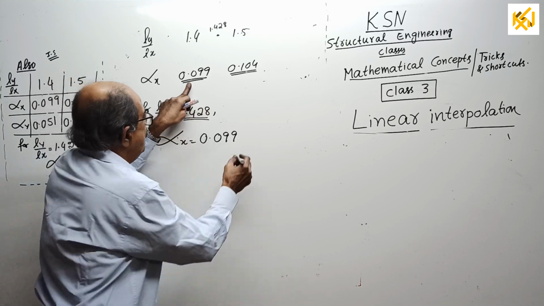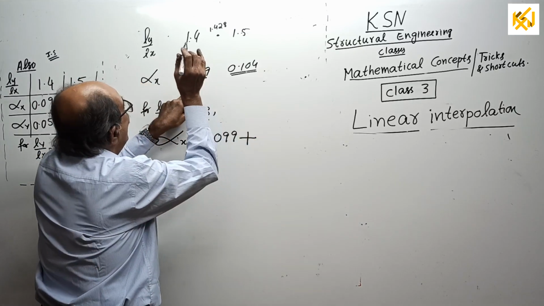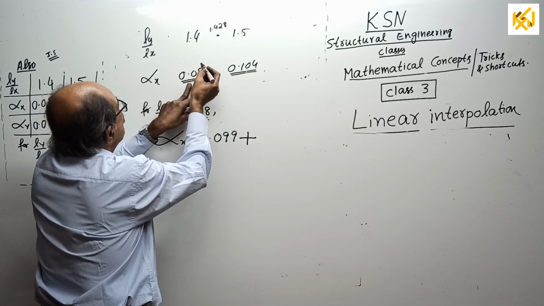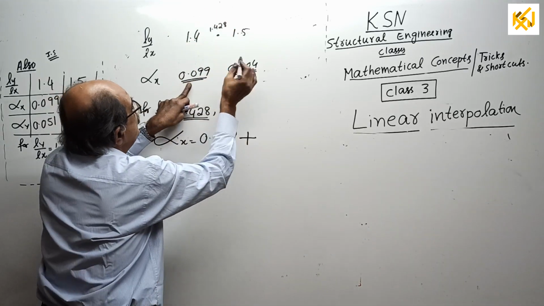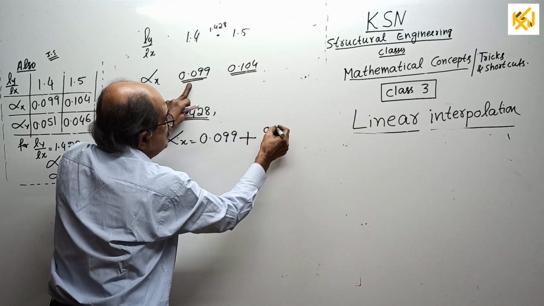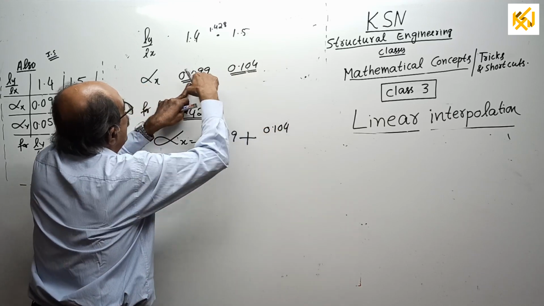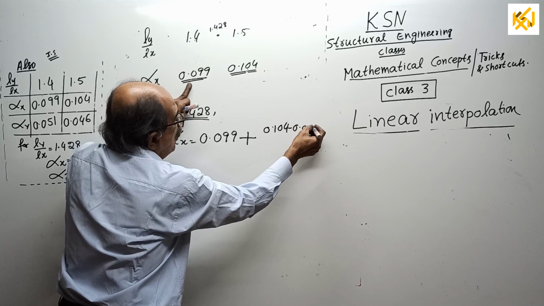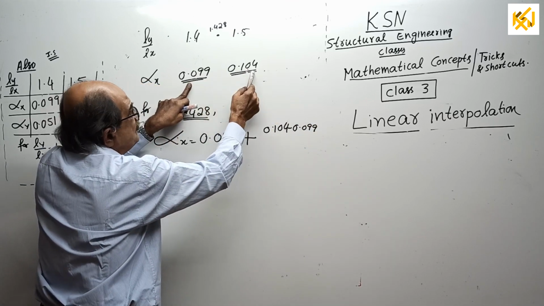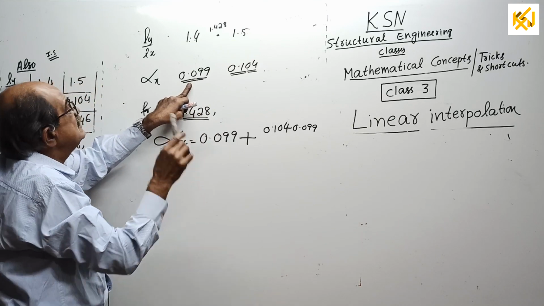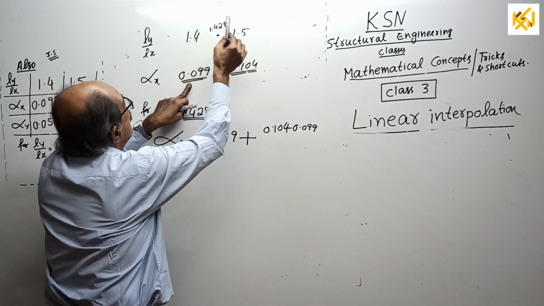Sir, plus. Okay, plus. Now, how much is the increase from 1.4 to 1.428 you want? Do one thing first. 0.104 minus 0.099. That is the total increase for what range? When 1.4 becomes 1.5.